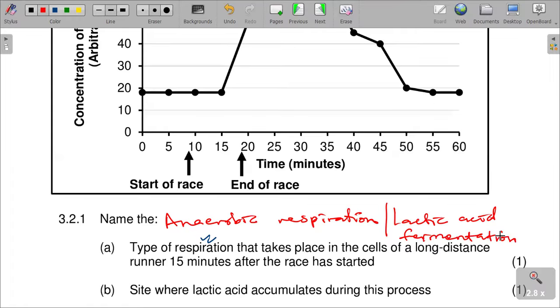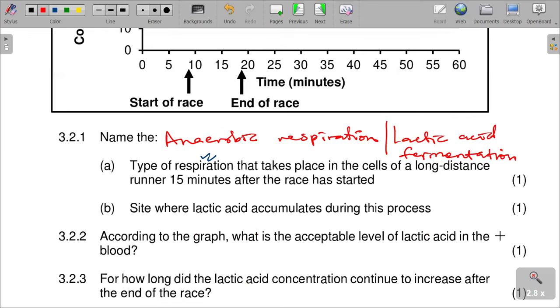And then question B says, name the site where lactic acid accumulates during this process. It actually occurs in the skeletal muscles.